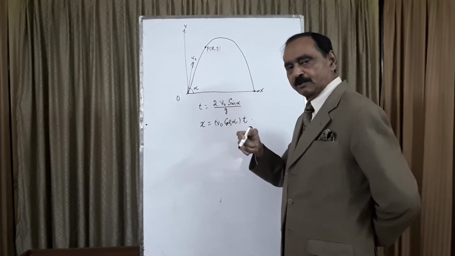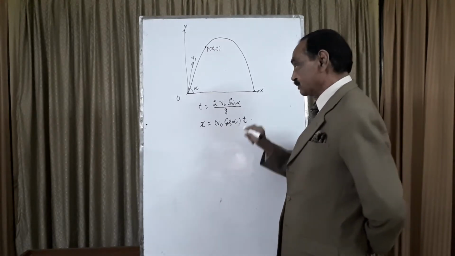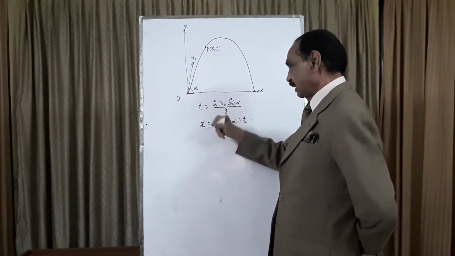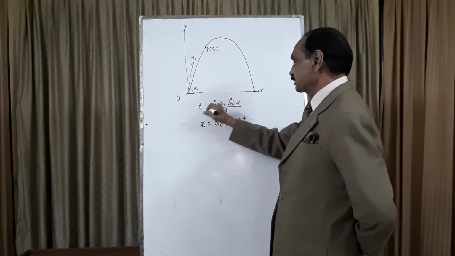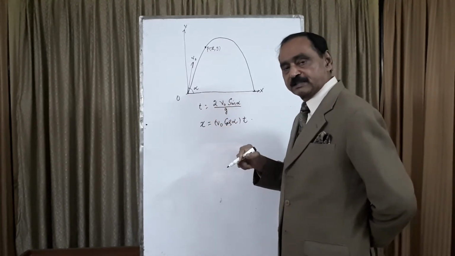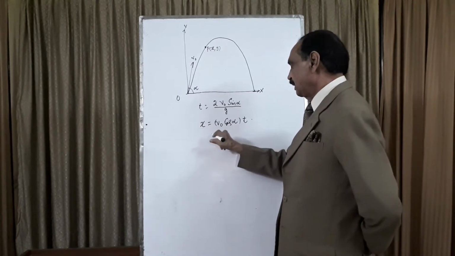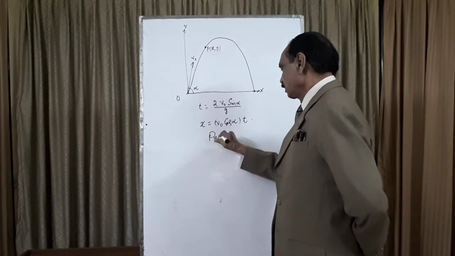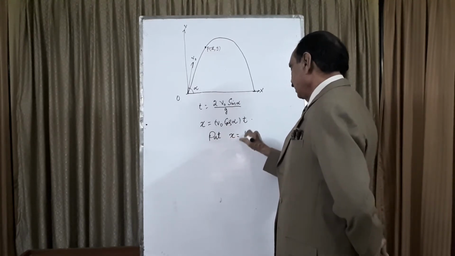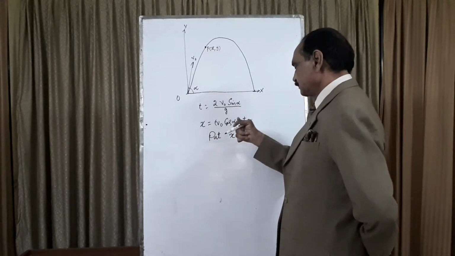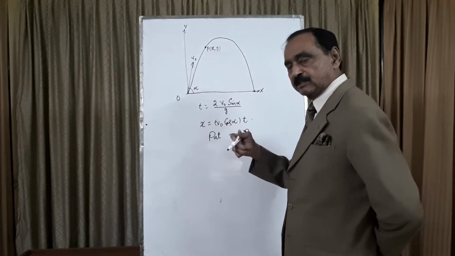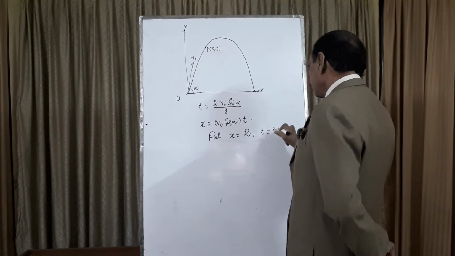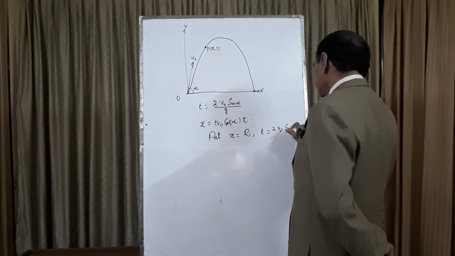So if you want to find the total horizontal distance covered by the projectile from rest to rest, we can just use the formula T equal to 2 v0 sine alpha over g. That is the total time of the flight, and we can use it here. We put x equal to capital R, the horizontal range, that is the total distance covered by the projectile, and t equal to the time of flight, 2 v0 sine alpha over g.